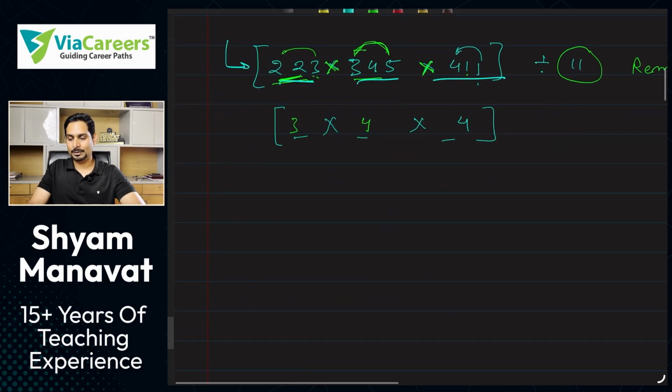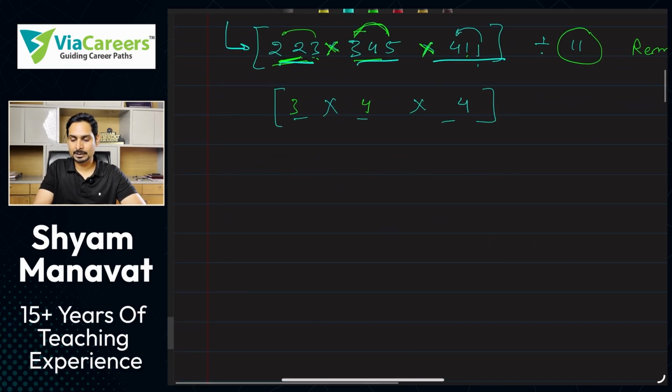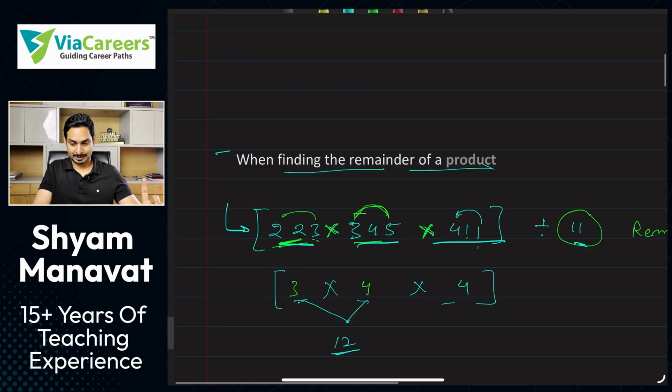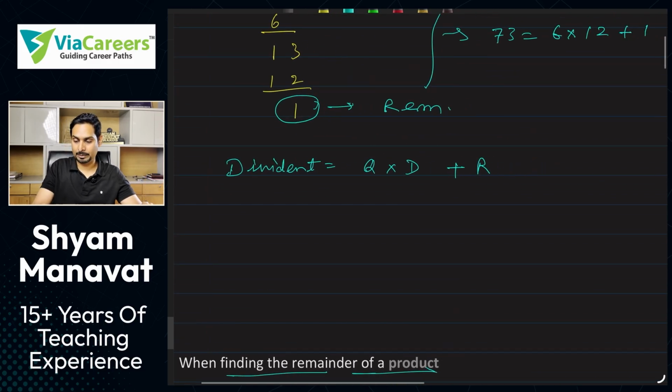Okay, so if you simplify further, here you have what? 3 4s are 12. Now you can apply a little extra smart work here and say that, if I have a number which is more than the divisor, this is something we should always remember, the remainder can be equal to 0 or more than 0 but less than the divisor.